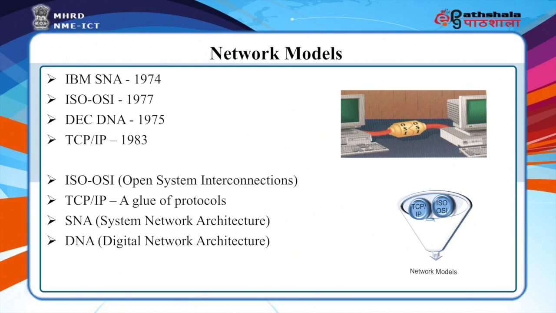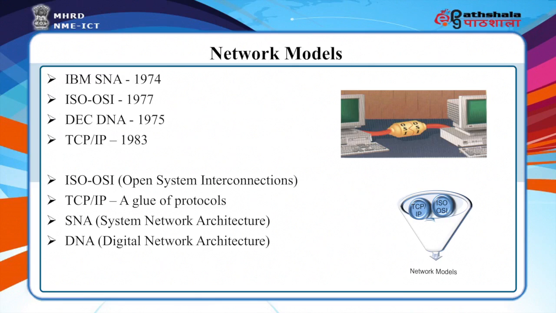So they defined their own architecture, and this came as almost the first network model by a company. In 1975, DEC, which was one of the companies at that time, also defined an architecture for network. That is called DNA, Digital Network Architecture.